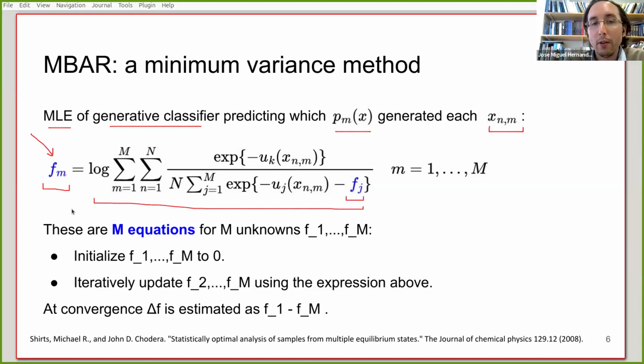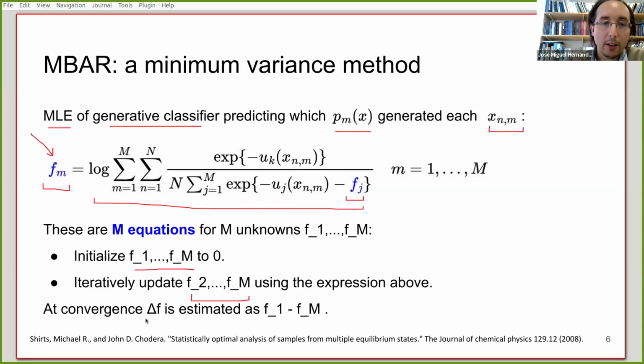And you can then estimate the log normalizers easily by first initializing them to some value, for example, 0, and then iteratively updating the log normalizers using this expression above. Okay, you only update, for example, all the log normalizers except one, because you can only estimate the density ratios up to a constant.